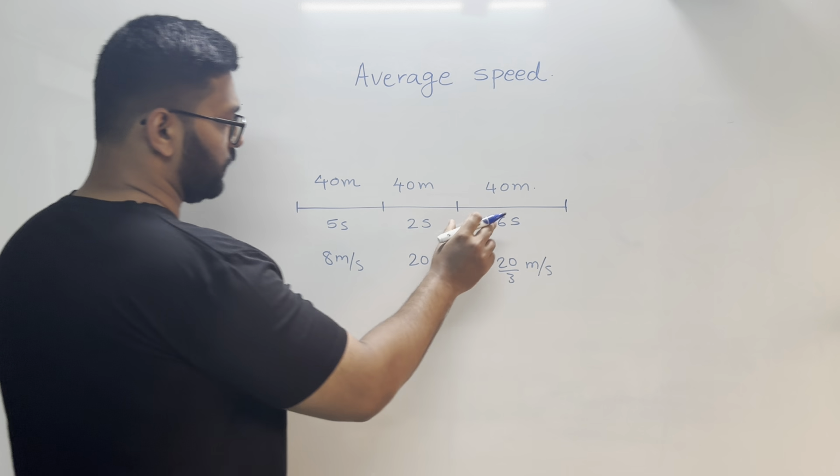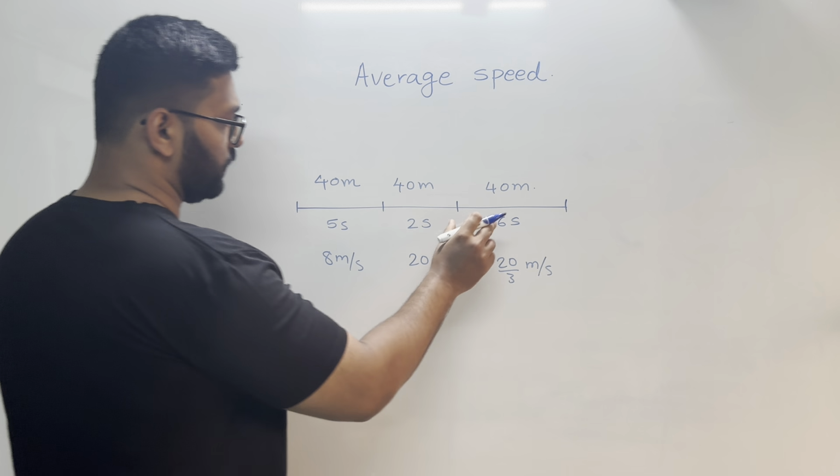Then can we write, when an object covers unequal distances in unequal intervals of time, it is said to be in non-uniform motion? Is it fine if I say it like this?